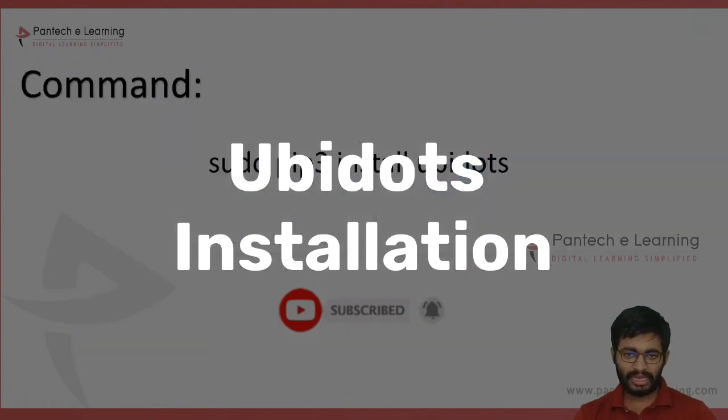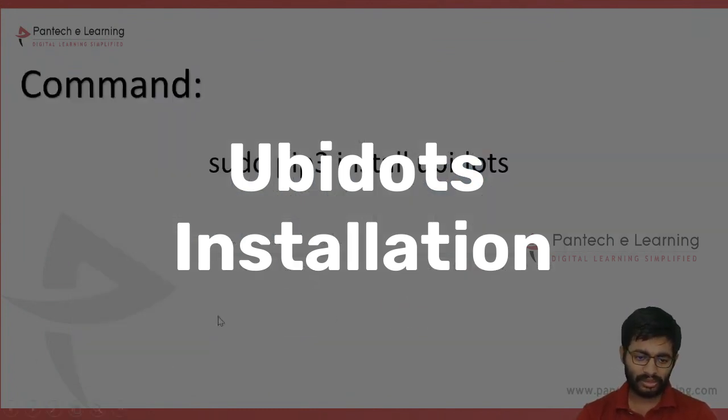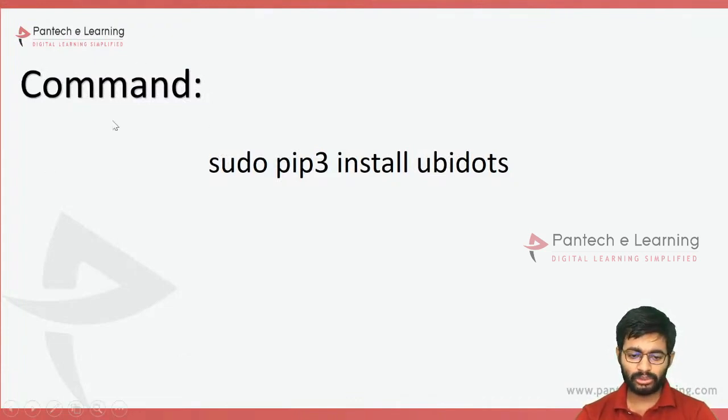Once we are working with Ubidots, we have to know this particular command: sudo pip3 install ubidots. This is the only command we require to install inside our Raspberry Pi.